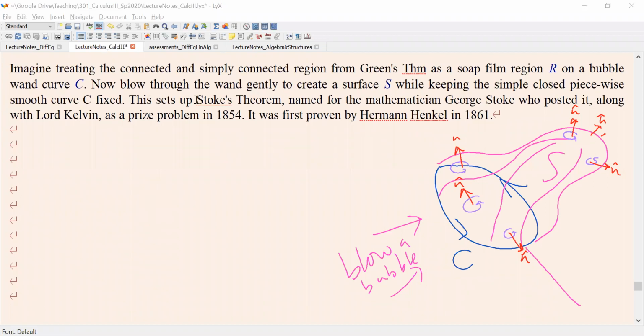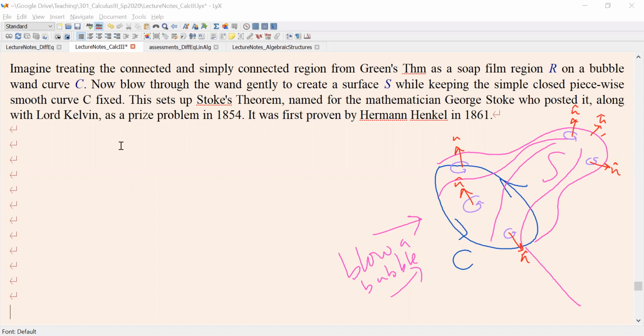There's an interesting little backstory behind Stokes' theorem. I'll let you read into that later. Ironically, Stokes neither discovered nor proved the theorem we named after him. It was actually discovered by Lord Kelvin, or possibly others, and then it was presented as a prize that basically said, here's a hard problem, I'll give money to whoever can prove it.